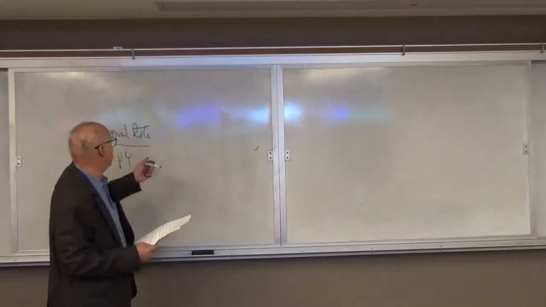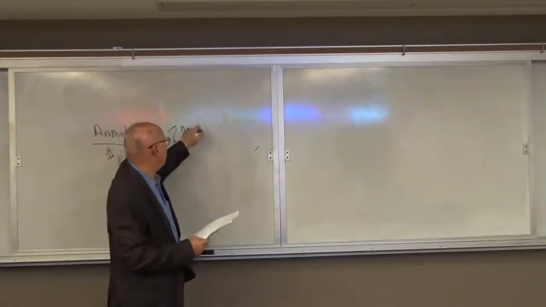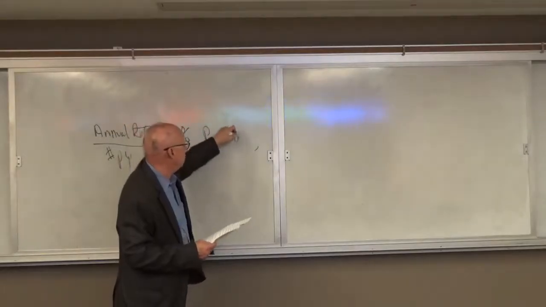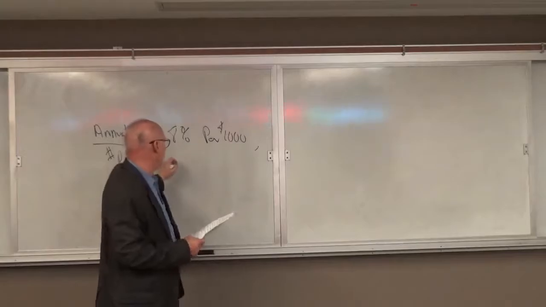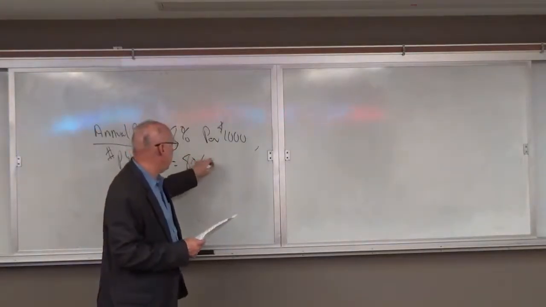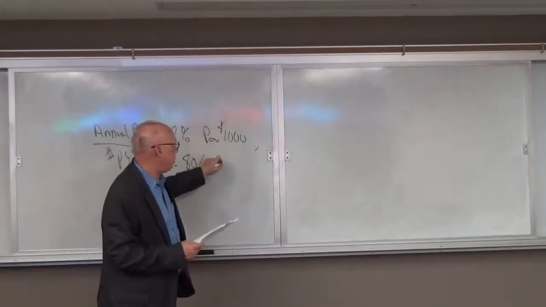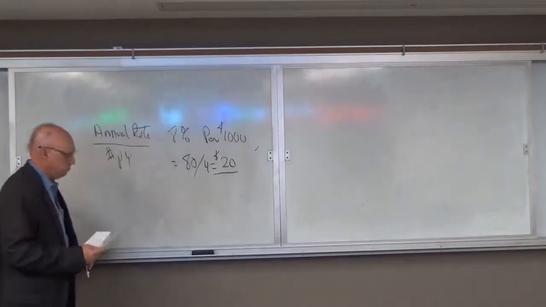Let's say the annual rate is 8%, and let's say the face value, the par, is 1,000. So the annual payment would be 0.08 times 1,000 equals 80, divided by 4 times a year. The periodic interest payment would be $20.